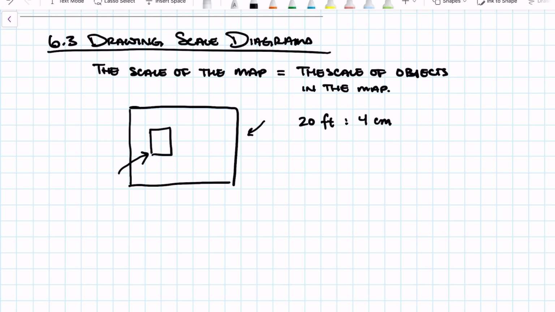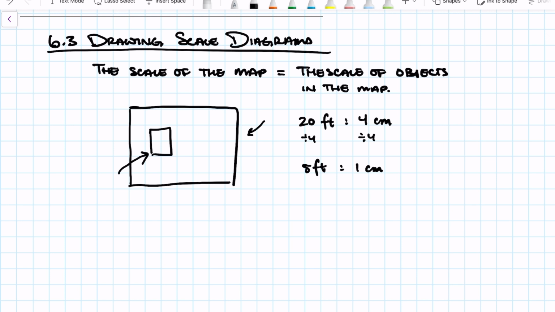All right. So first trick here is you find out what the actual scale is. In this case, I like turning things into 1, so I'll divide both sides by the smaller number. And so I'll get 5 feet is equal to 1 centimeter. So each 1 centimeter shows 5 feet. It's actually a huge scale in that case.